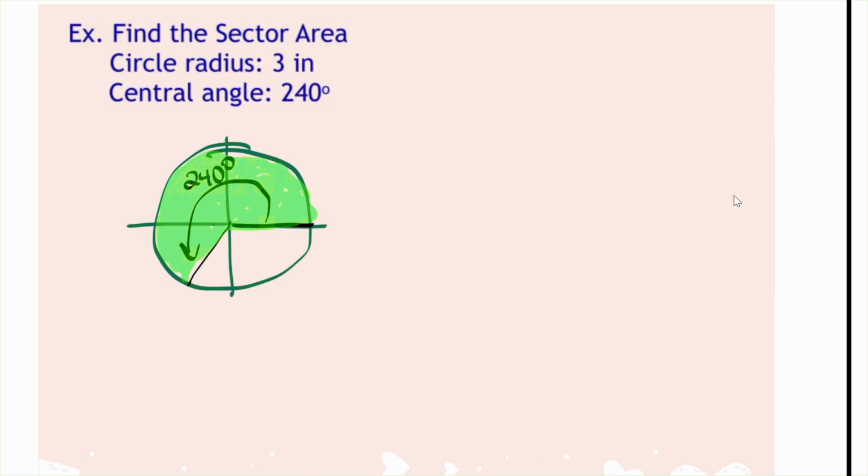First thing I like to do is have theta go to radians. So theta is 240 times pi over 180. Again, we have 180 in the denominator so that those degrees cancel.